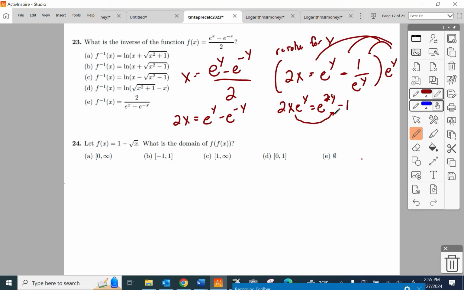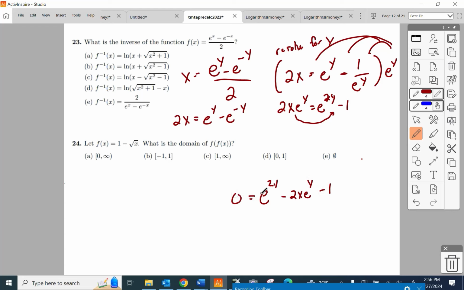I really need there to be an x. That's what I needed. Anyways, it doesn't actually matter, does it? E to the 2y minus 2x e to the y minus 1.